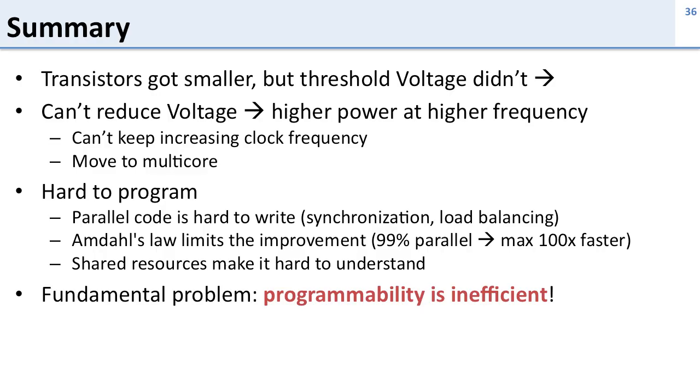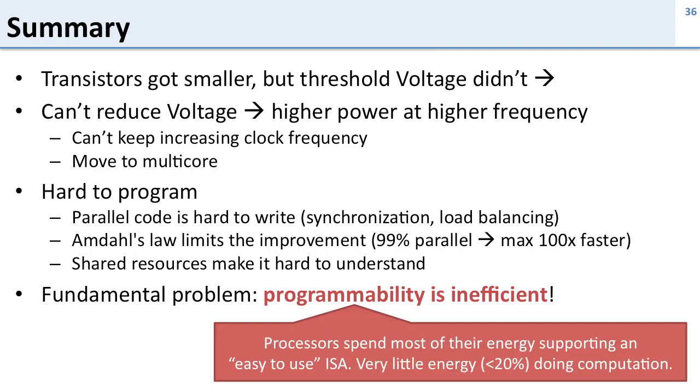Remember all the stuff that we had in the pipeline that wasn't the ALU. The ALU is the only part of the pipeline that's actually doing the additions and subtractions in the programs. Everything else is doing other stuff, and that's why they use so much power. So we're paying a lot of power to make our processors easy to use, and that's why we have this problem with power.